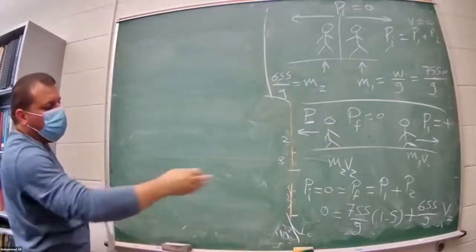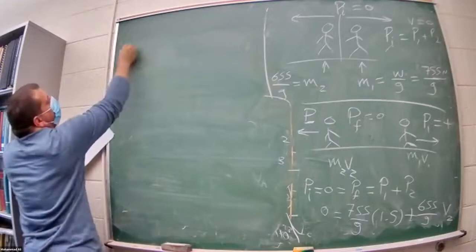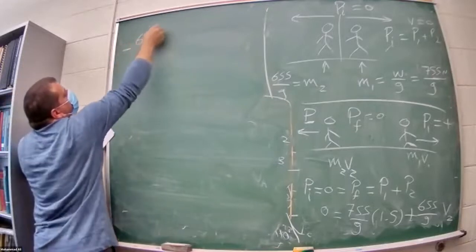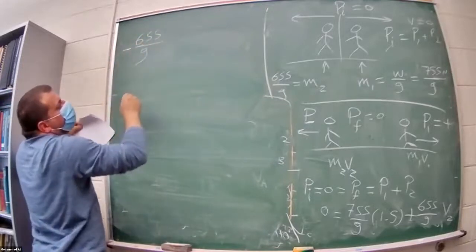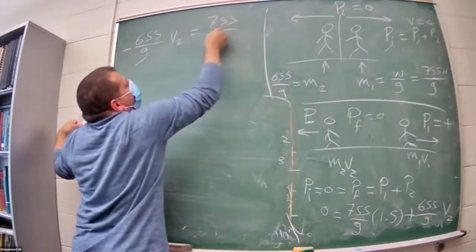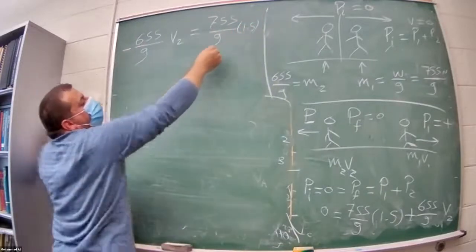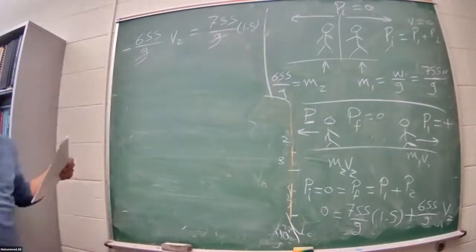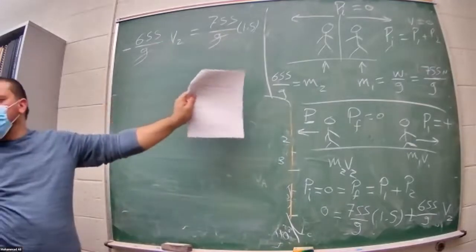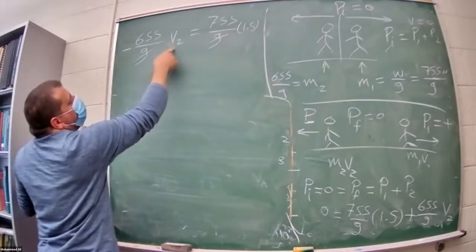We'll move one term to the other side, then it will have a negative sign. It is negative 655 over G multiplied by V2 is equal to 755 over G multiplied by 1.5. Now we can cancel G from both sides. Simply divide.